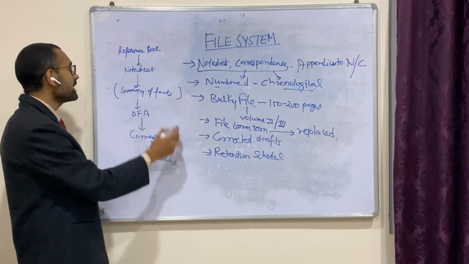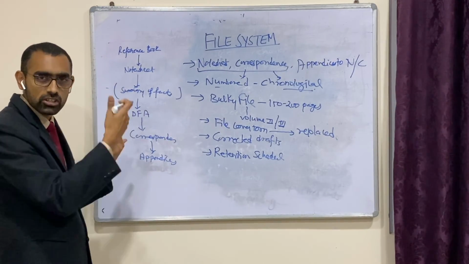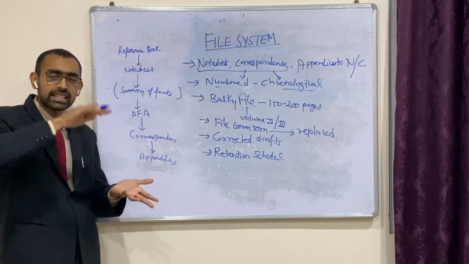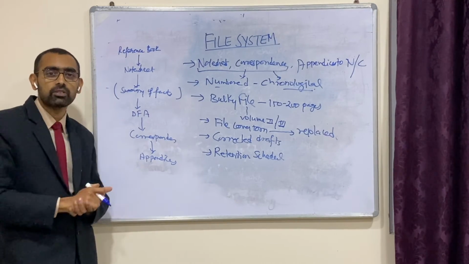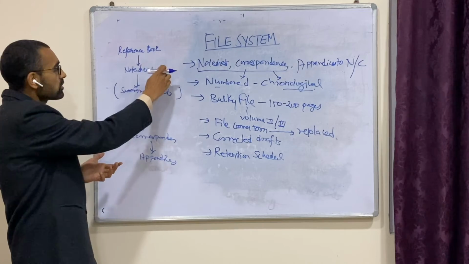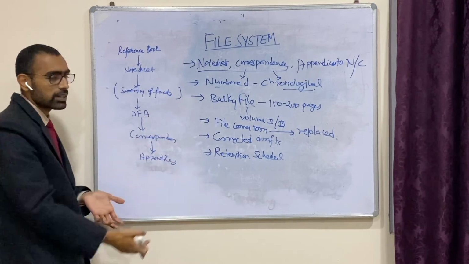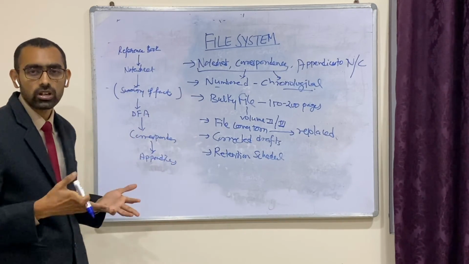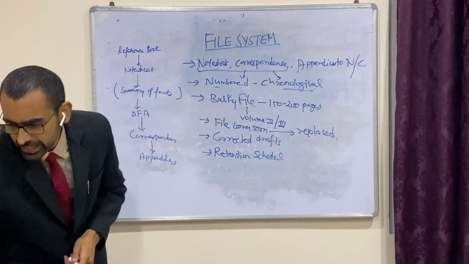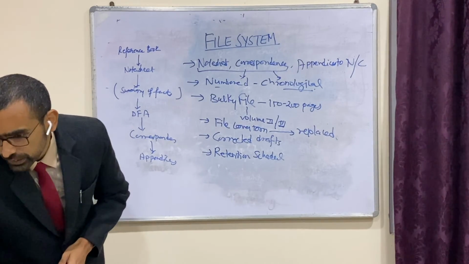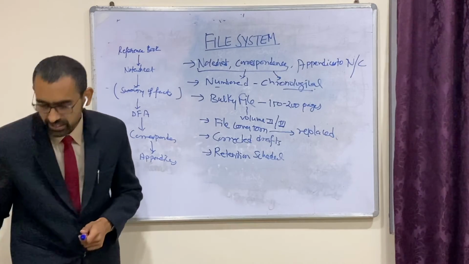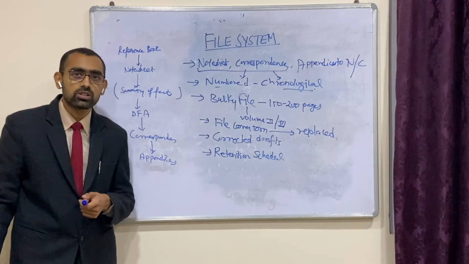So whenever a file is put to an official, this should be the format of stacking these things one on top of the other. On the top, reference books, note sheet, then DFA, correspondence, and then the appendices to the notes of correspondence. So this is the generally accepted pattern to be used while putting up a file.